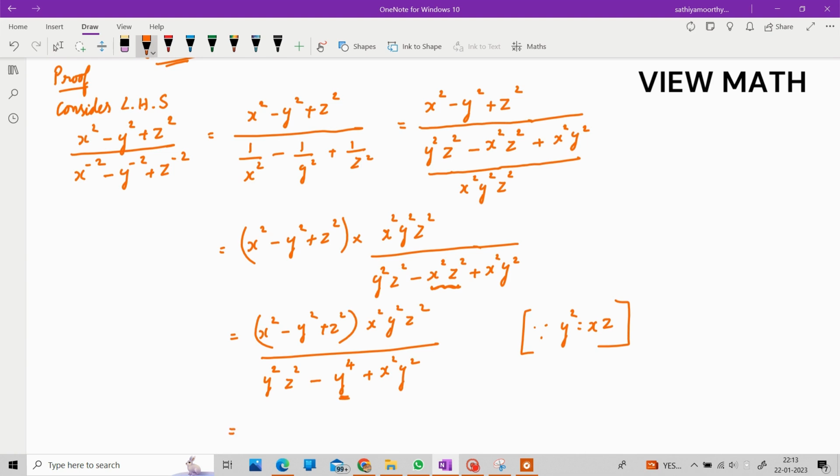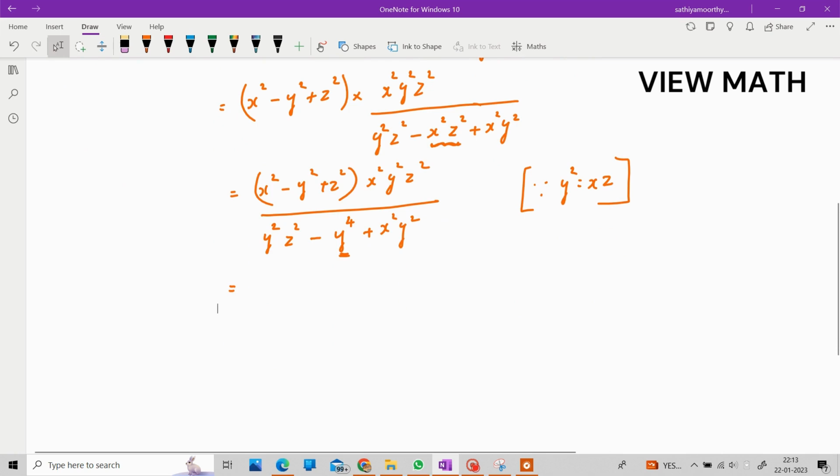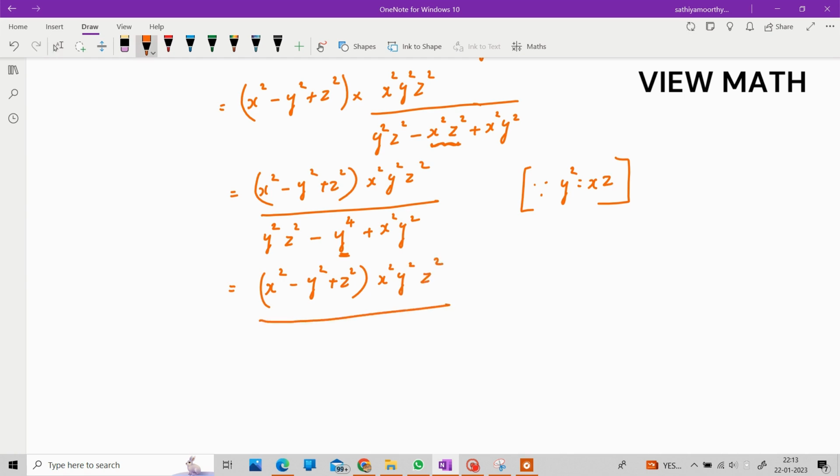Now this is equal to, in the denominator I can see y square term is common, I am going to take it outside. So x square minus y square plus z square into x square y square z square, the whole thing divided by y square, taking the common term outside.